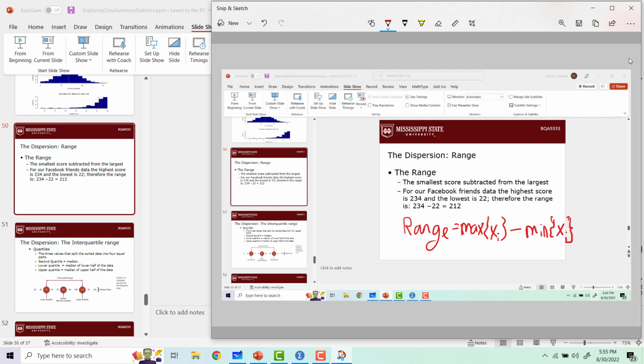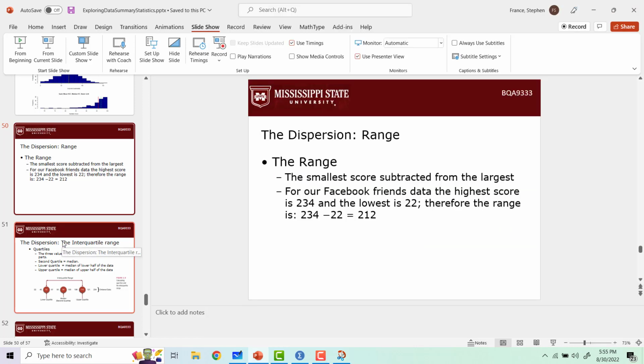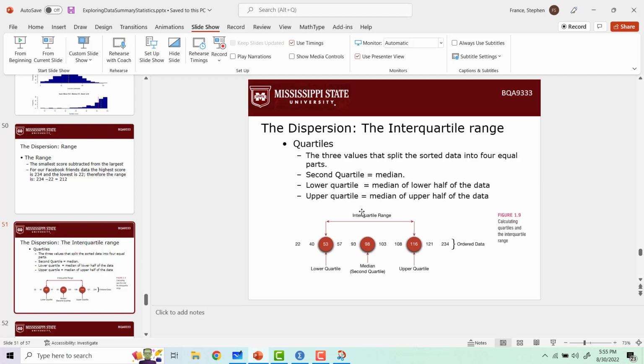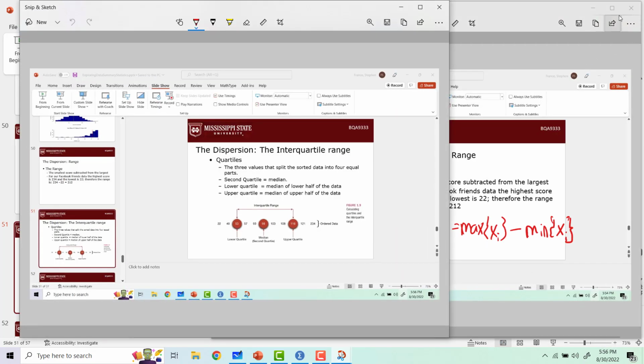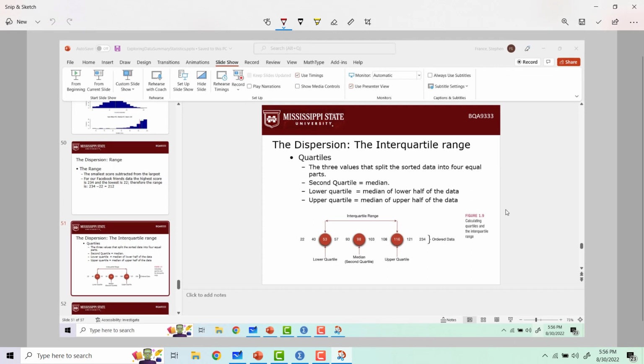And the interquartile range, let's just go back here. This is just the 75th percentile minus the 25th percentile. So here, if you think of the interquartile range, when we do our box plots of our data, and these are all of our data points.